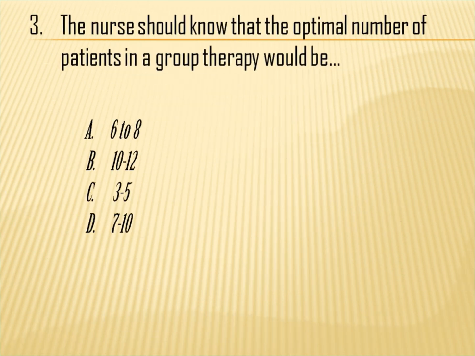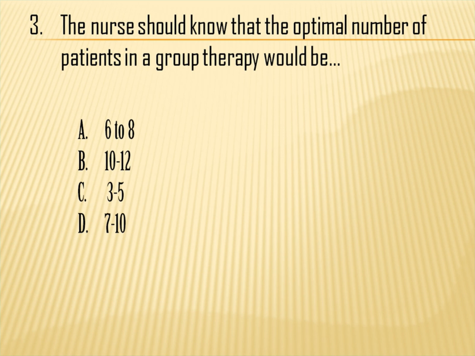Question number 3. The correct answer is letter A. Clinicians generally consider 6 to 8 people to be the ideal number of patients for a therapeutic group.